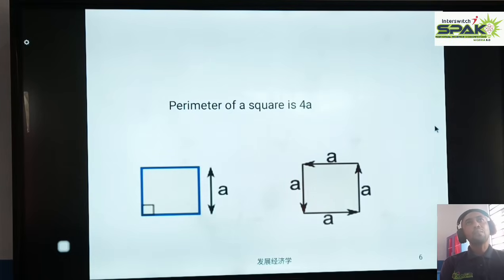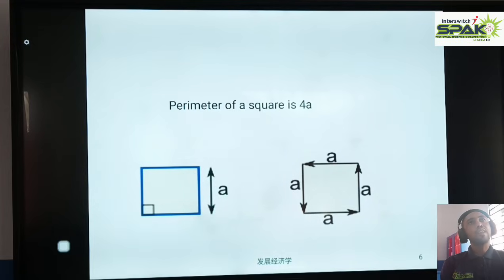Now, moving to the perimeter of a square. The perimeter of any two-dimensional shape is the sum of all the sides. That is, the addition of all the sides bounding that shape gives its perimeter. So, to find the perimeter of a square, we add up all the 4 equal sides.